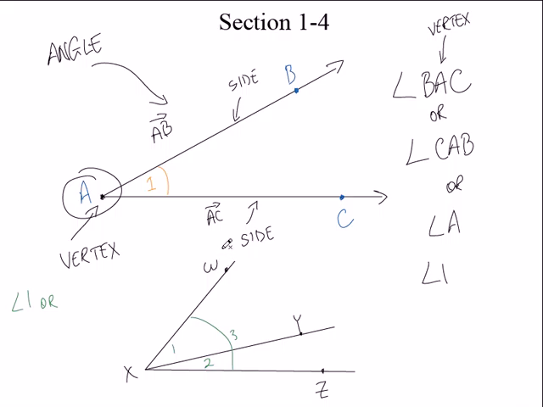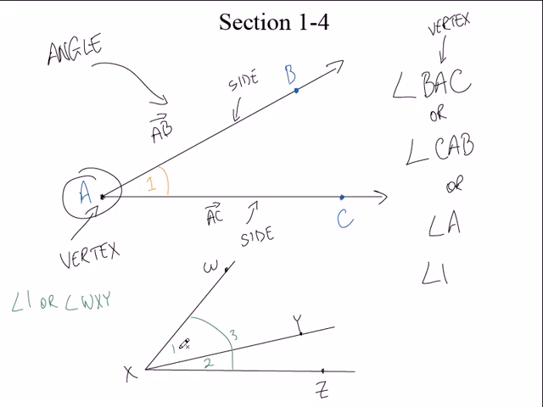The vertex always has to be in the middle, so I could call it WXY. So we always put an angle symbol in front of it, WXY. We can only name an angle basically 3 ways. One with a number, one with 3 letters, and another way with just 1 letter.